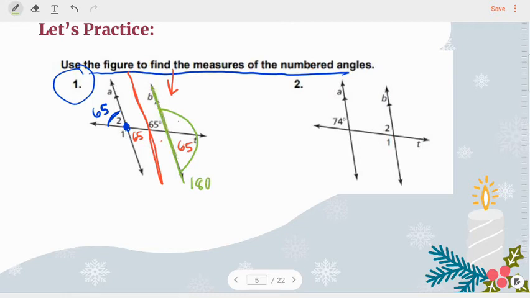Whenever you see a straight line, whatever two angles I have form 180 degrees. So how do I find this portion if I know that this smaller portion is 65? Remember, I can use my calculator: 180 minus 65. As I type that into my calculator, I'm going to end up with 115.